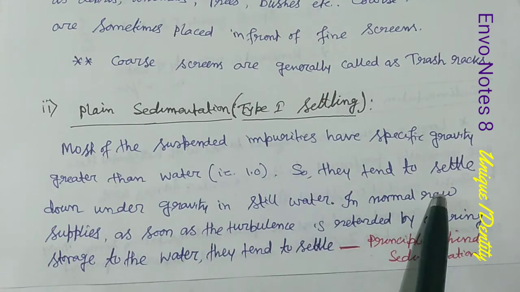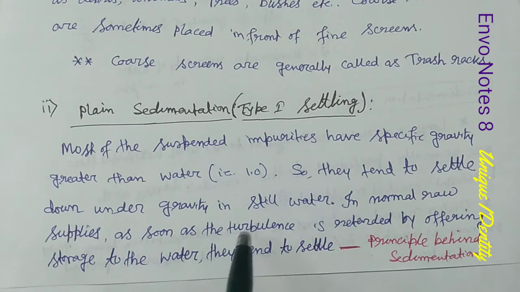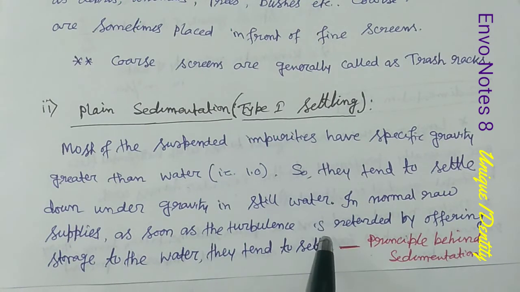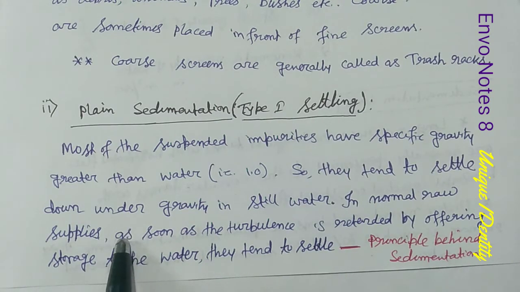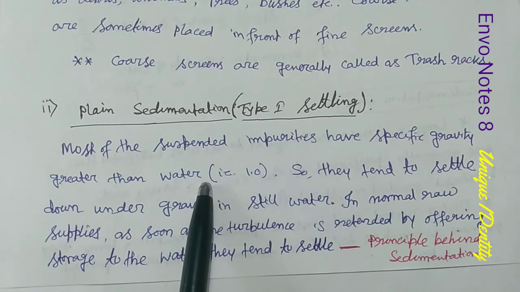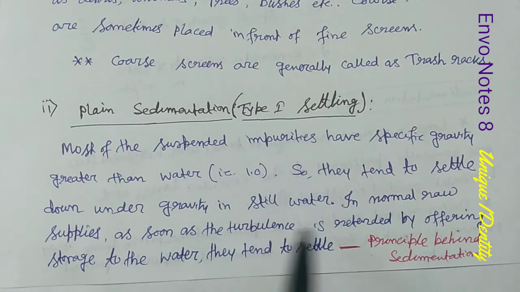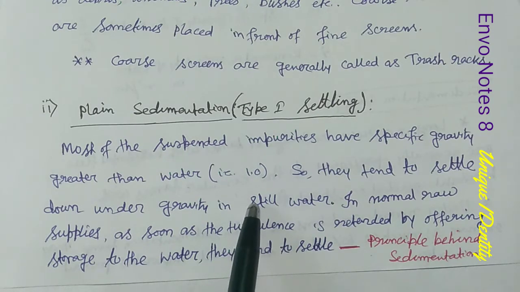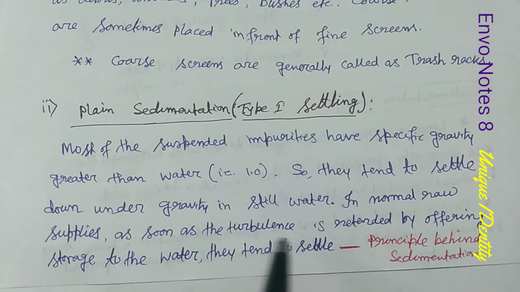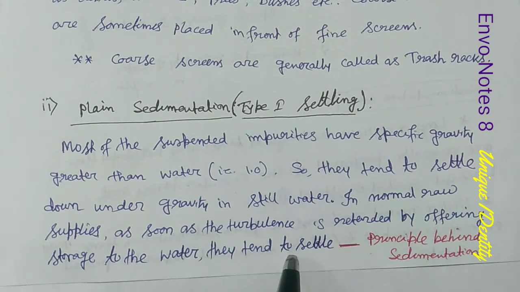So, in normal raw supplies, as soon as the turbulence is retarded by offering storage to the water, they tend to settle. That means, whenever that raw water, raw supply will be stored in some place, then the turbulence will be retarded, it will be then still, and whenever it will be still water, then it will, I mean, settle down, tend to settle. Okay, so that is the principle behind sedimentation. You got my point? Okay.